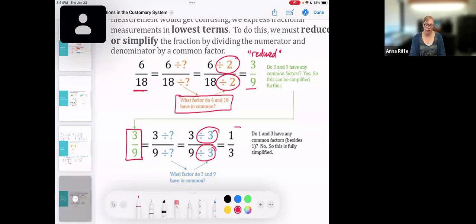Okay, so we have reduced this to 1/3. I can again examine my fraction and ask, do the numerator and the denominator have any common whole numbers that I can divide them by? 1 and 3 do not, except for 1. I can always divide the top and the bottom by 1. But if that is the only common factor, then we have fully simplified our fraction. At this point, 1/3 is fully simplified.